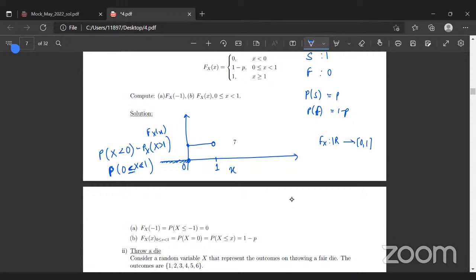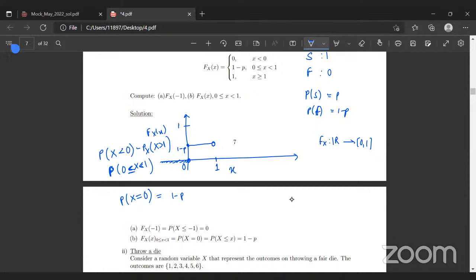Since x is taking just 2 values, this is just the probability that x equals 0. And what is the probability that x equals 0? It is 1 minus p. So this point over here is 1 minus p.